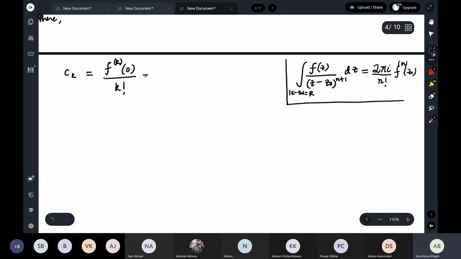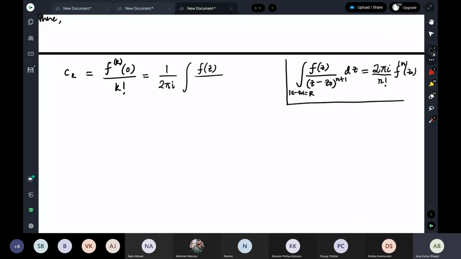So let's turn this into an integration. What is the value of f^(n)(z naught) by n factorial using this formula? It will be 1 by 2 pi i times the integration of f(z) by, so instead of taking any arbitrary point, let me take z naught as 0 only.